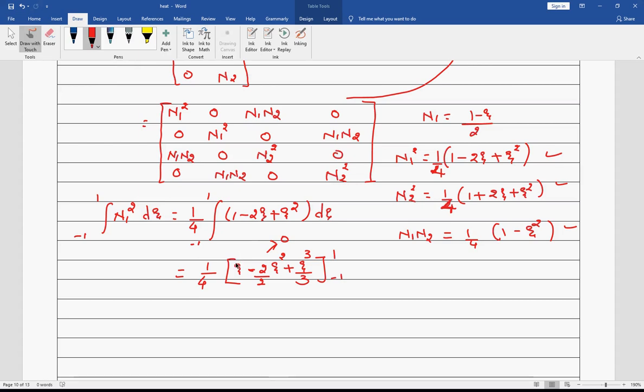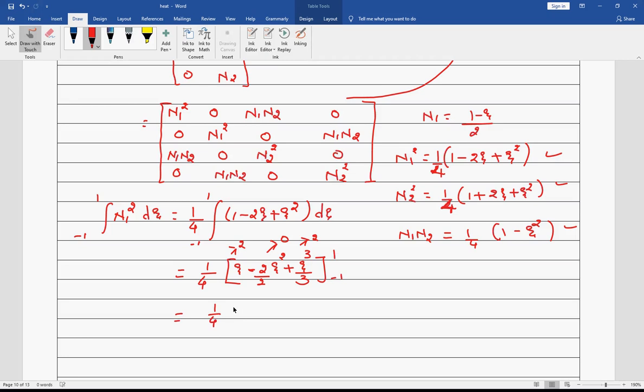And xi cube term, again 1 minus of minus 1, will also lead to 2 by 3.